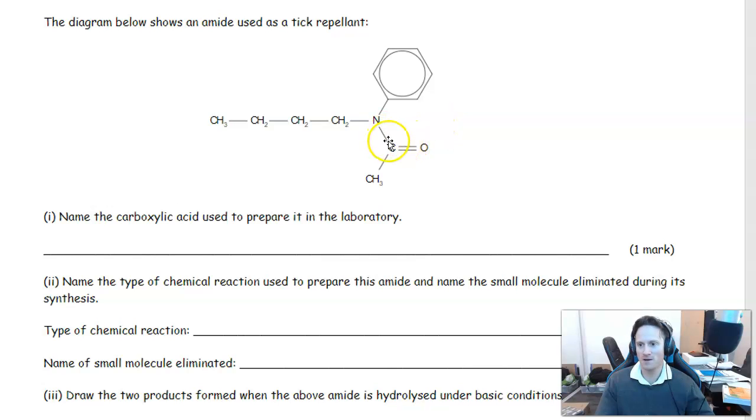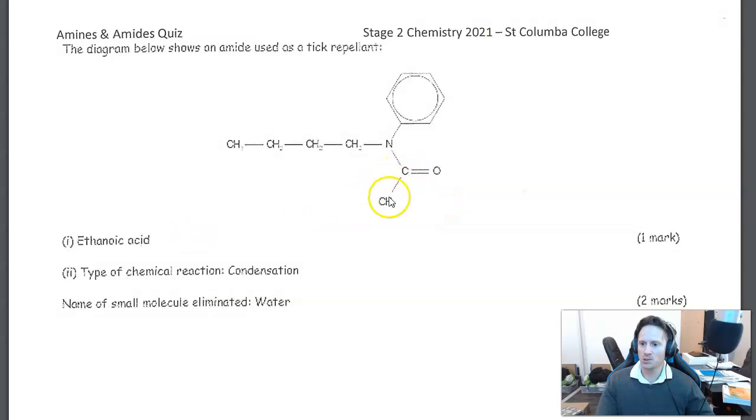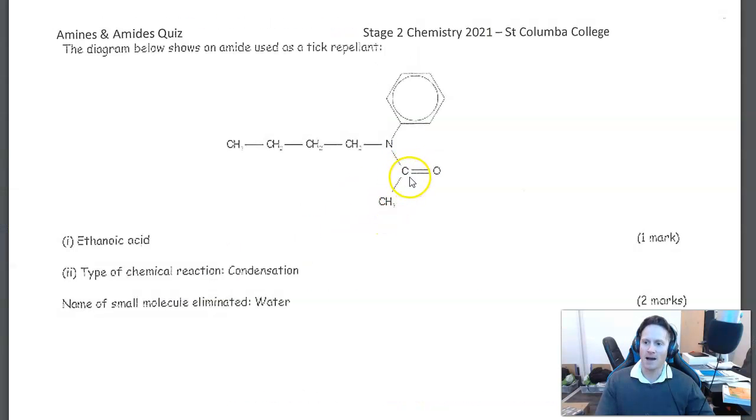Hydroxide has come off in order to make water because a condensation reaction produces an amide functional group, okay? So basically what you'd want to do is you'd want to redraw this and just add OH at the end. Now the name of that is basically you've got 2 carbons and then you've got the carboxylic acid functional group. So that would be ethanoic acid.